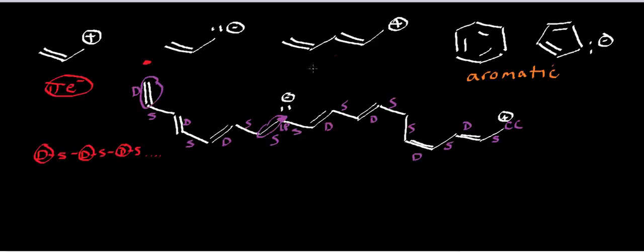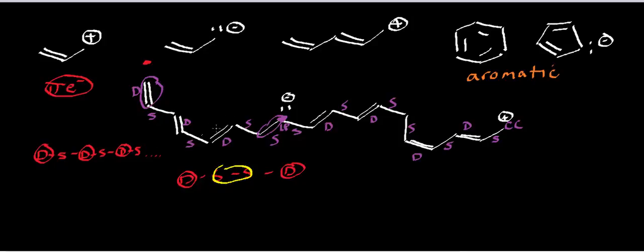One rule of thumb is that if you have two single bonds right next to each other, in other words, double, single, single, double, and so forth, then the pi electrons in this double bond and the pi electrons in this double bond are not in resonance with each other, meaning the pi electrons over here cannot be delocalized over here because, notice, they're separated by two single bonds right here.